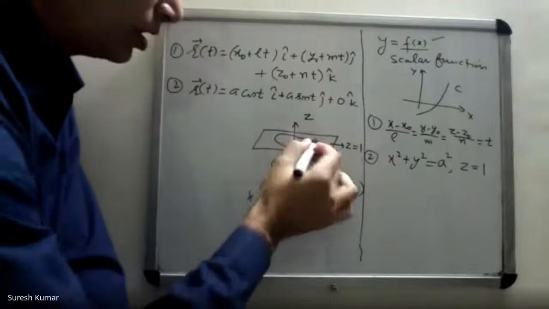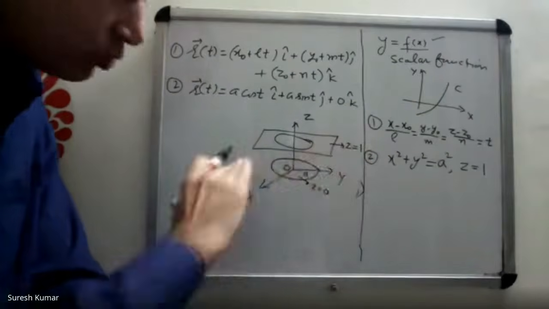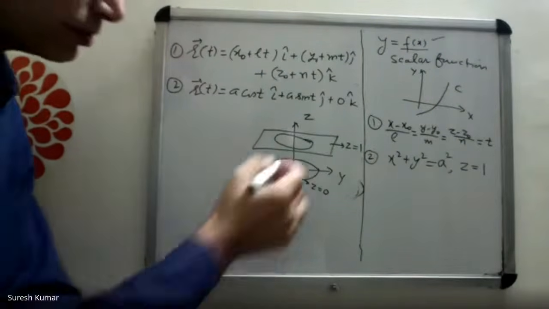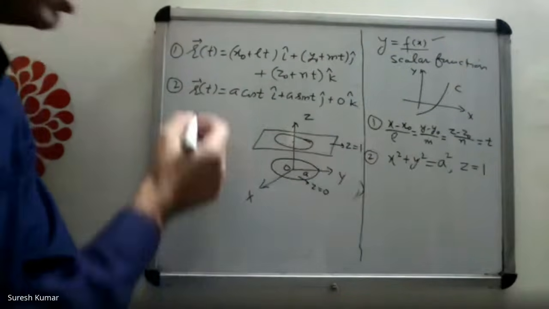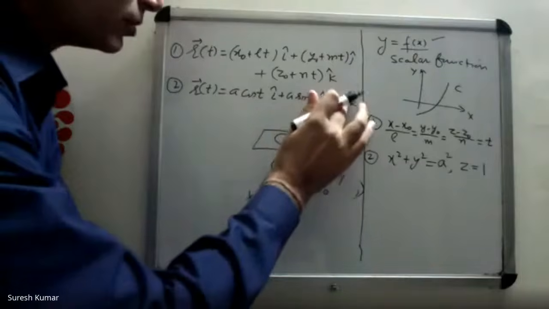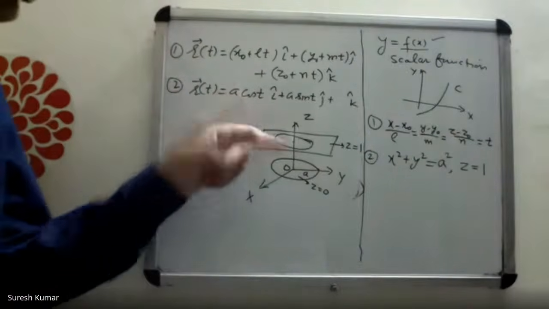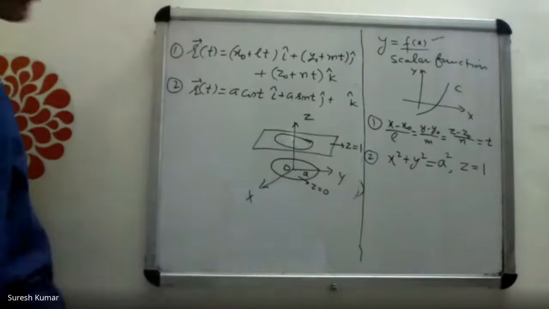Same circle, but in the plane z equal to 1, which is parallel to the xy plane, right? So how to write its vector function? Just replace z here by 1. So this vector function represents a circle lying in the plane z equal to 1.